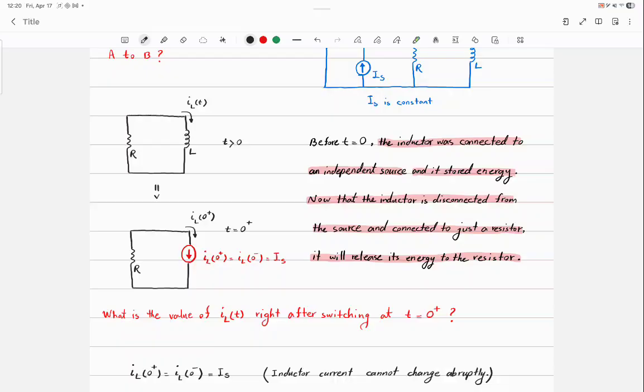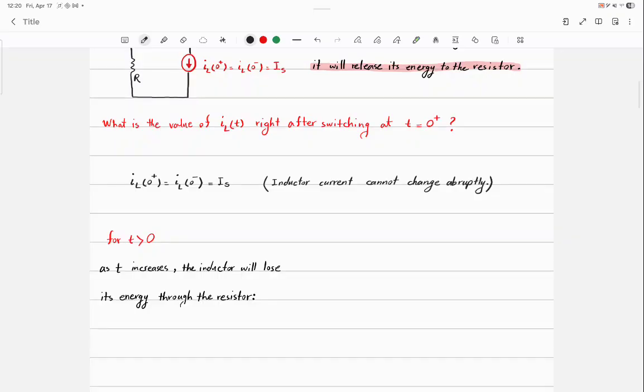It will lose all of the energy over the resistor. Any problem with understanding the second step? So the first step was t equals 0 minus. The second step, t equals 0 plus.